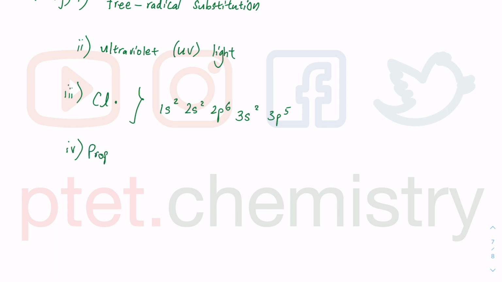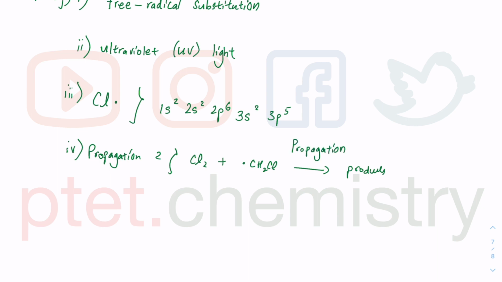Part 4 is identify the products of the step labeled propagation 2. So what is propagation 2? Propagation 2 is basically Cl2 plus dot CH2Cl. In terms of the products, if you follow the free radical reaction mechanism, this is a free radical plus a non-radical, you will get a free radical plus a non-radical. That is because this in essence is what you call propagation.